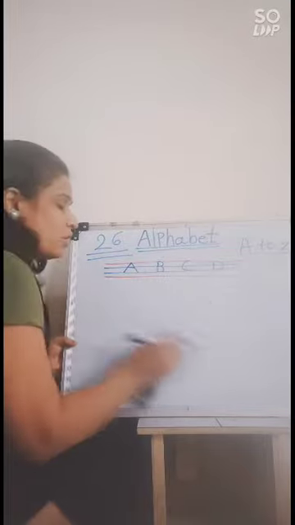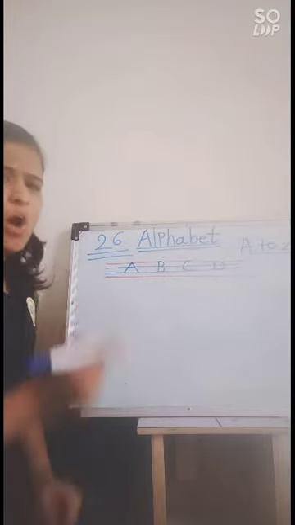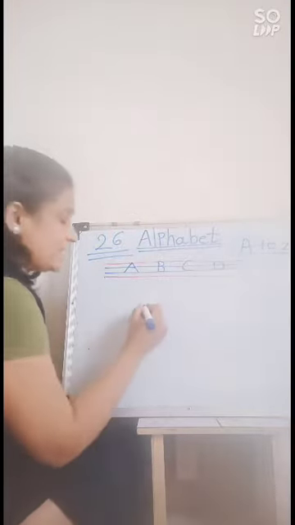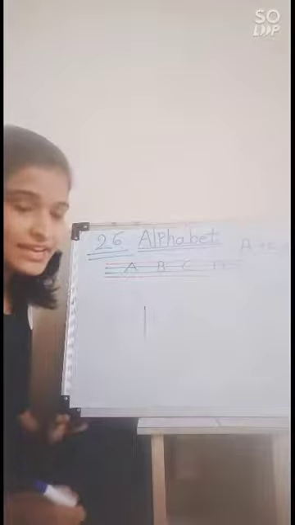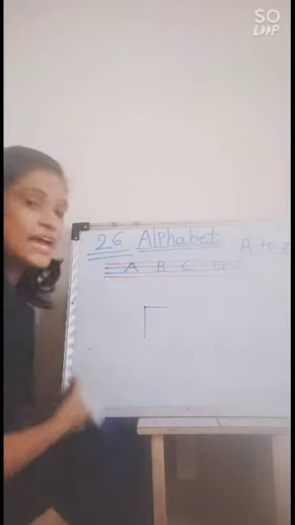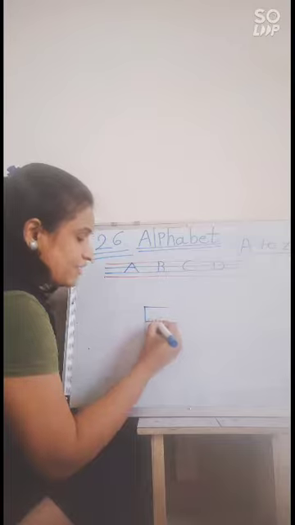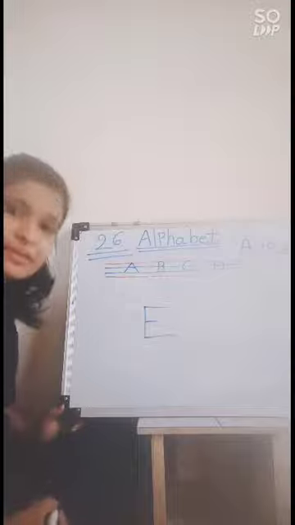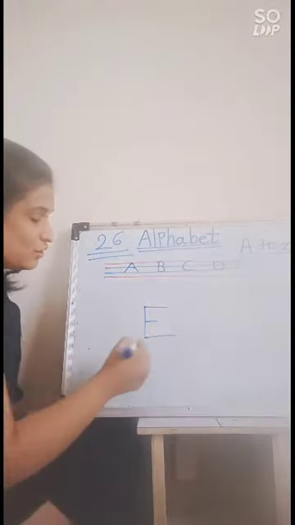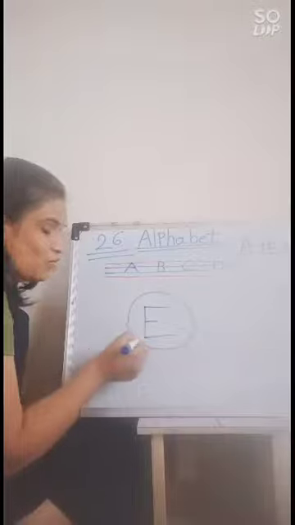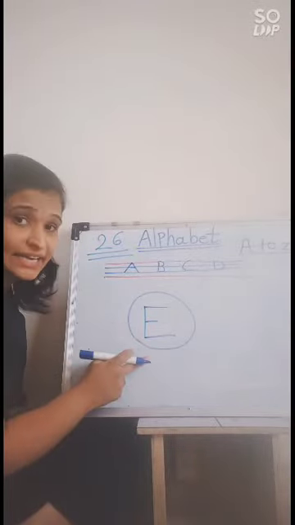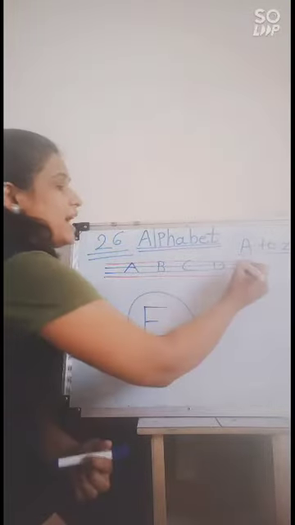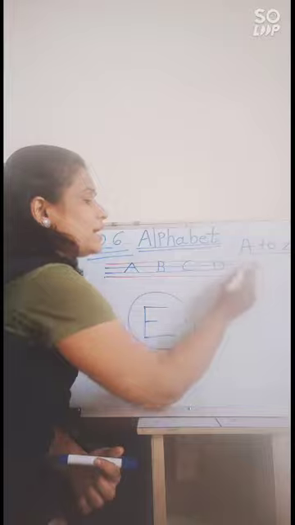Now we will see the letter E. How can we write the letter E? Anyone can tell me? I will tell you. There is a standing line, then a sleeping line, then another short sleeping line, and then another long sleeping line. Which letter is this? E. Now how can we write E in your 4-line notebook?